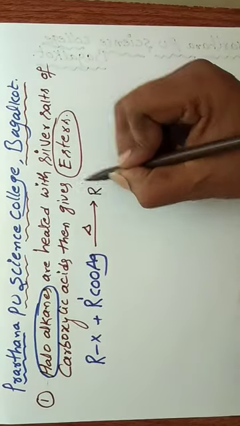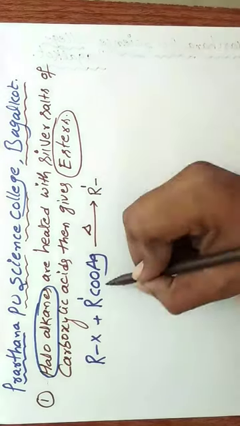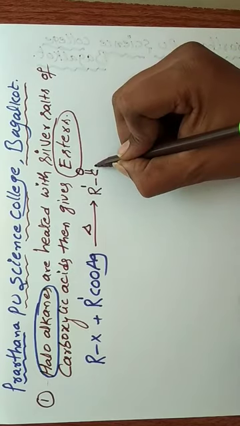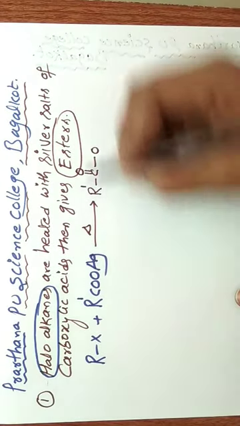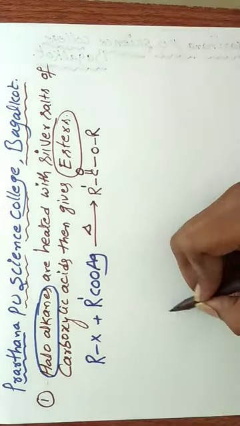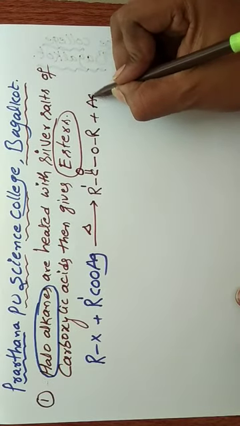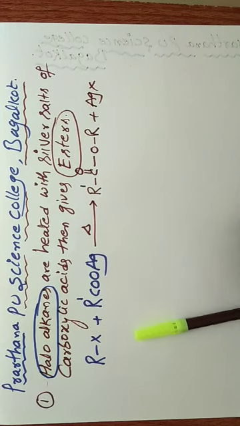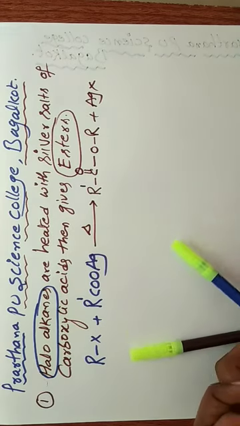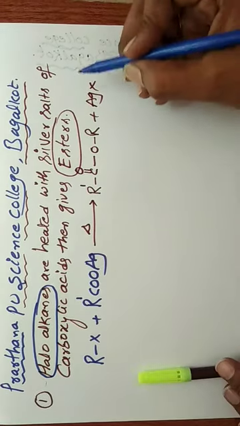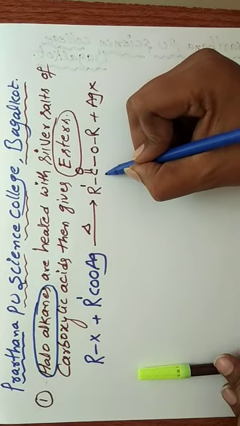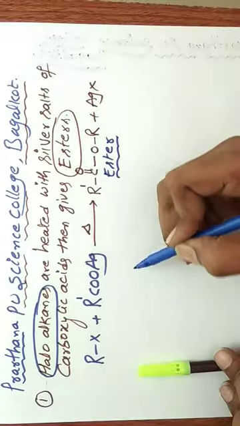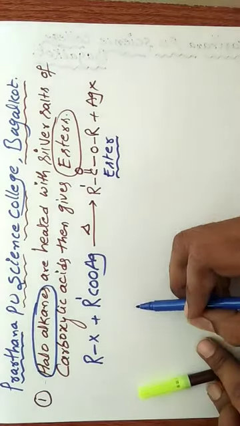Then what do we finally get? R' COO, that is R' C double bond O, with the R alkyl group attached, plus AgX. This is the ester. This is the general reaction.